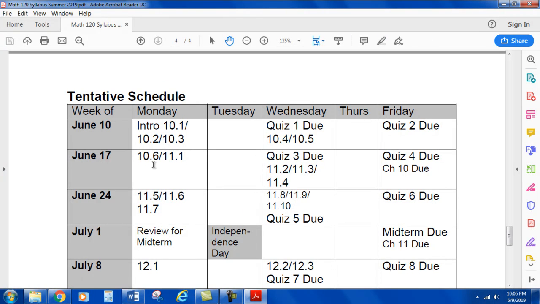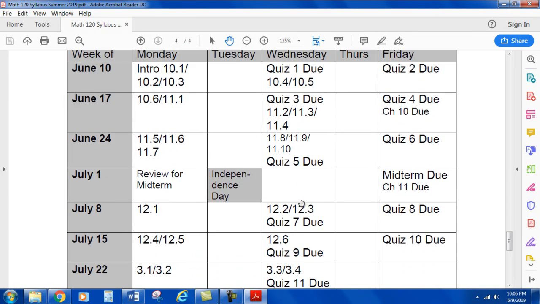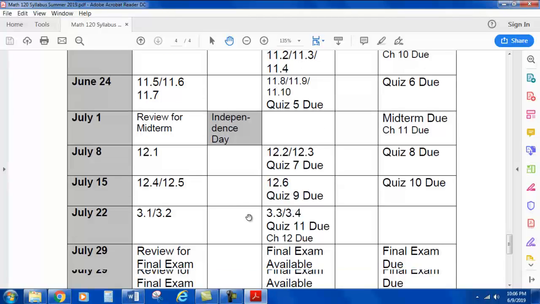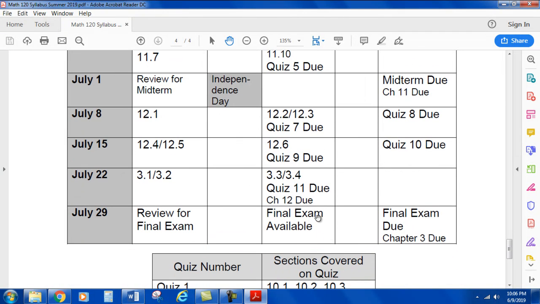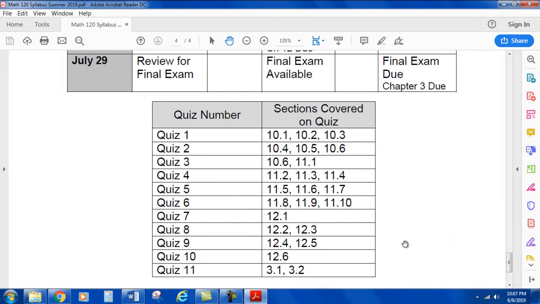Then 11 goes through to June 26th. And then we have our midterm. Start reviewing on the first of July. It's going to be due on, sorry, on July 5th. Then we have chapter 12 and chapter 3, and then we have our final exam. And here are the sections covered on each quiz.